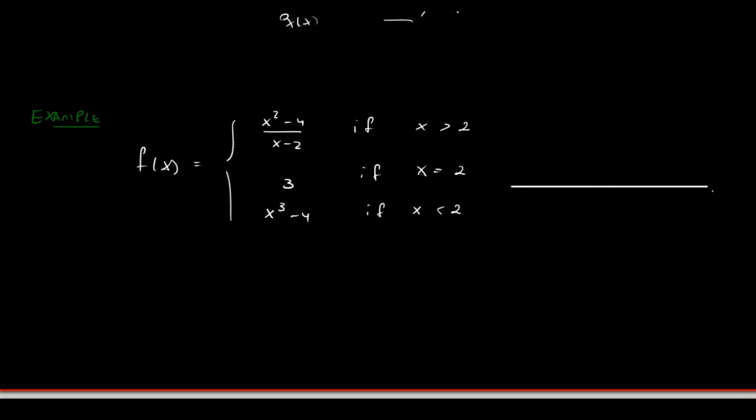So again, let's start by drawing a sketch of our function. So f in 2 is equal to 3. So let's start by drawing that one. That's this point right here.